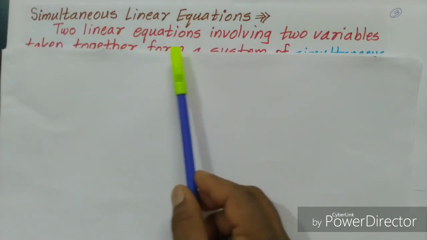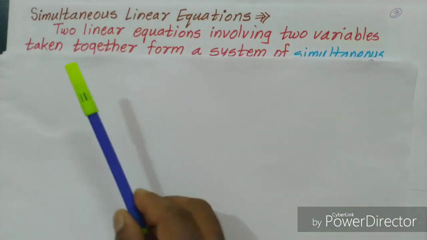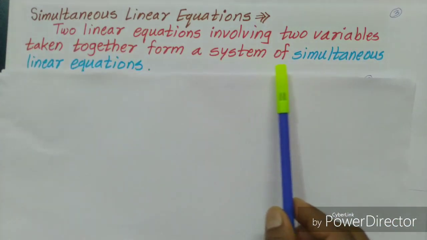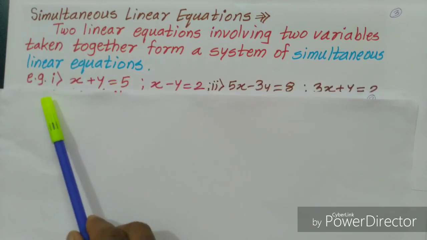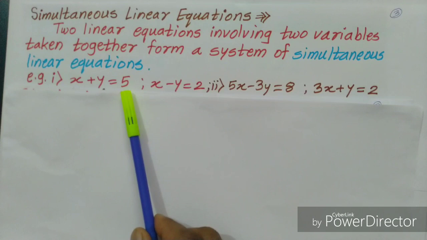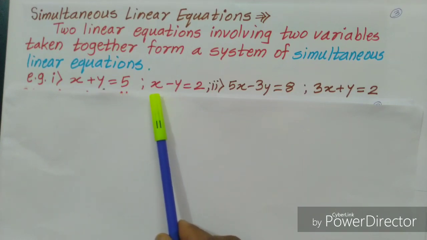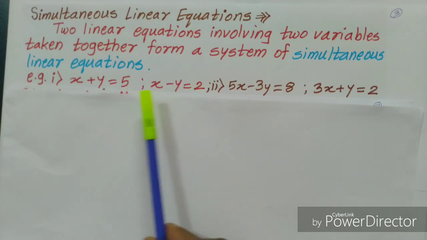Simultaneous linear equations. Two linear equations involving two variables taken together form a system of simultaneous linear equations. For example, x plus y is equal to 5 and x minus y is equal to 2.